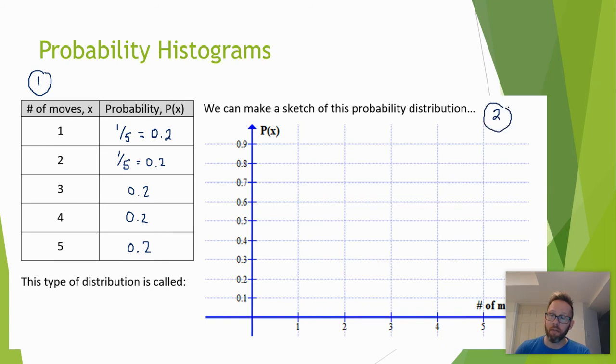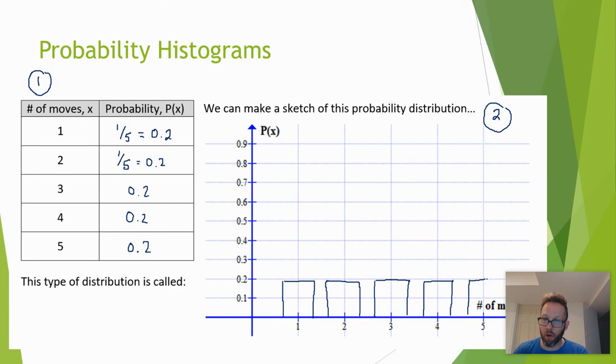This is an alternate way of displaying the same information. A histogram is just like a bar graph. Because this is a discrete distribution, we're going to put bars at each value. So the probability of getting a 1 is 0.2, of getting a 2 is 0.2. And the bars will not touch because these are discrete, kind of separate values.